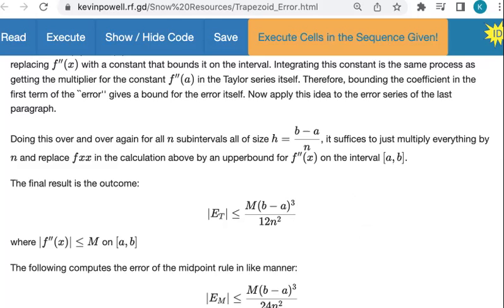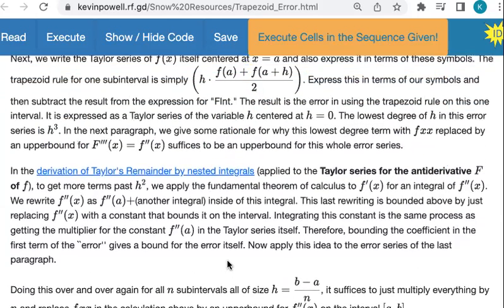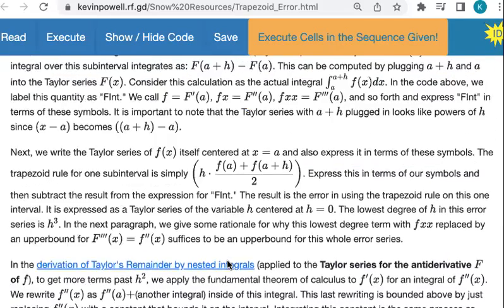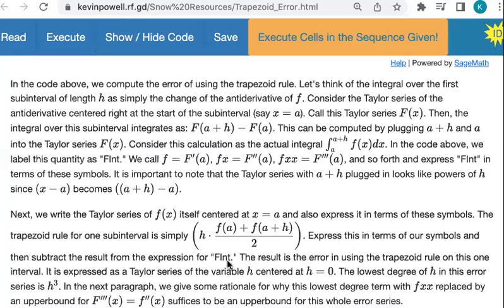With that in mind, maybe look up here, building up into it. In fact, what we're doing is looking at the Taylor series of the antiderivative of f of x. Let's just start there. Why in the world would you want the antiderivative of f of x?